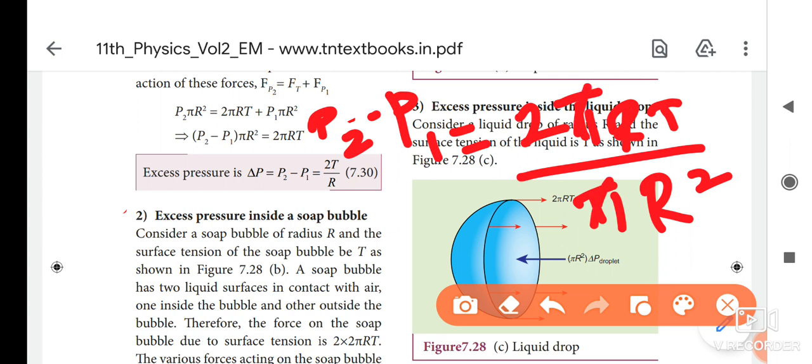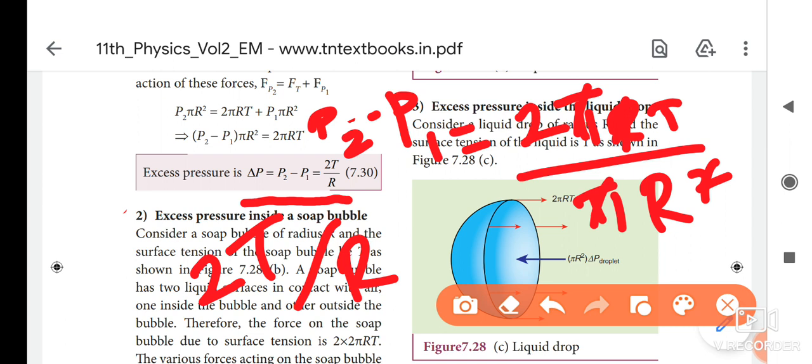Here the pi will be cancelled, and here one r is there, here one r is there. So what is the remaining thing? P2 minus P1 is equal to 2T upon r. So del P, which is equal to P2 minus P1, is equal to 2T upon r.